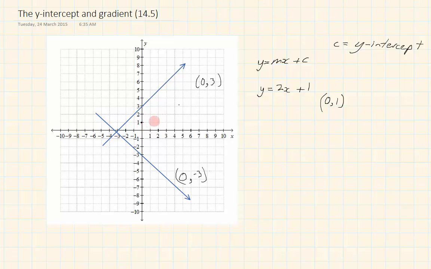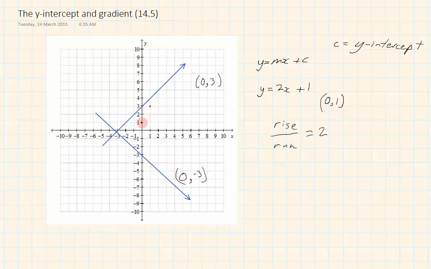So what's our gradient? Well, our gradient is 2. And it's positive as well, so we know that rise over run is equal to 2, which means our rise has to be twice the amount or twice the magnitude of our run. So from our y-intercept, (0, 1), we're going to go up 2 units, so up to 3, but we're only going to go along 1 unit, okay?